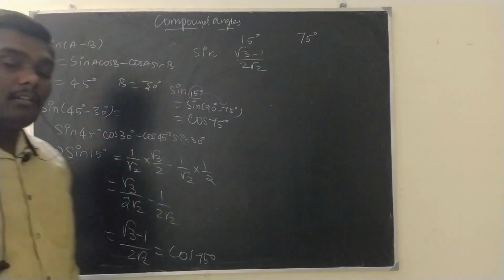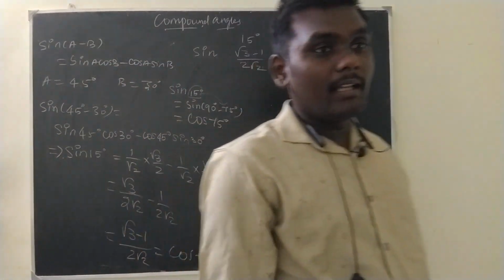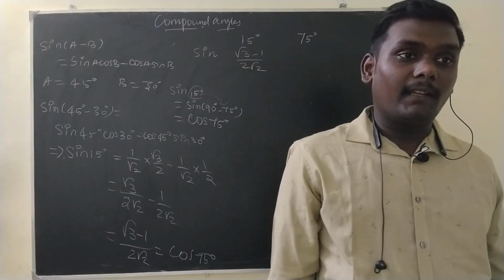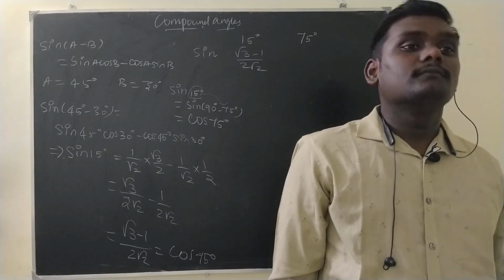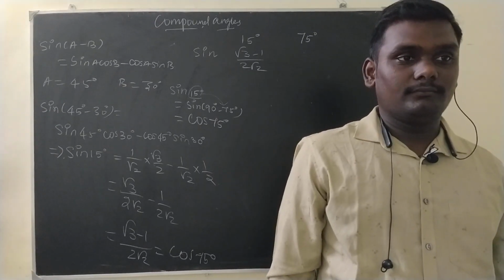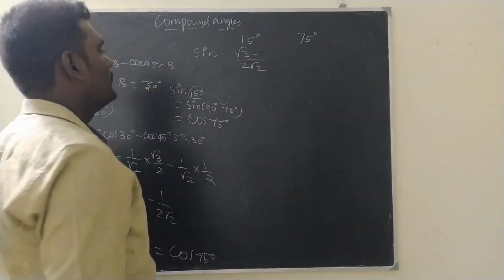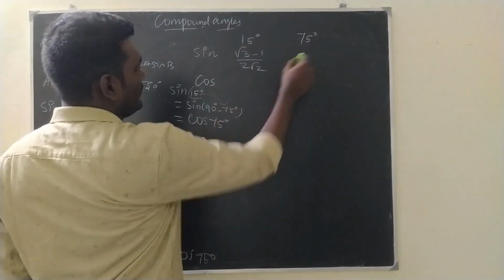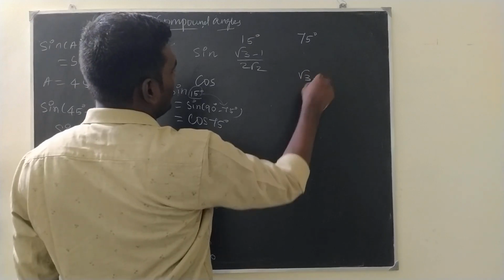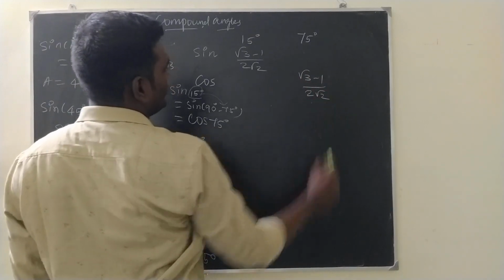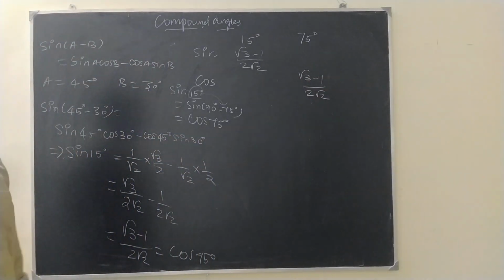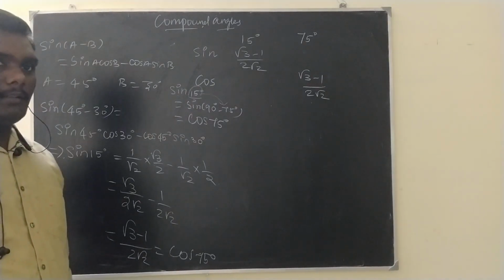Do you remember, we wrote tan 45 plus theta is equal to cot 45 minus theta? Same. This is the complementary angle concept. So for cos 75 degree also, root 3 minus 1 by 2 root 2. Clear?